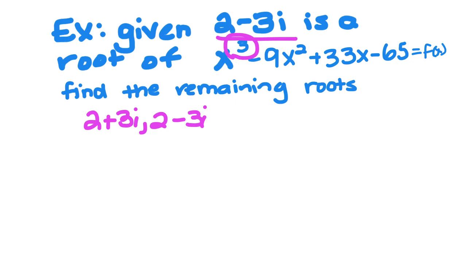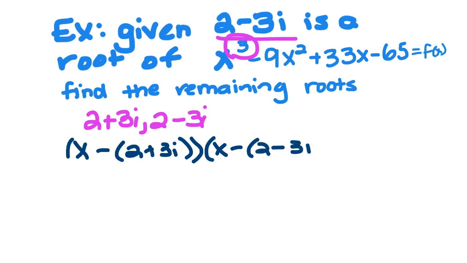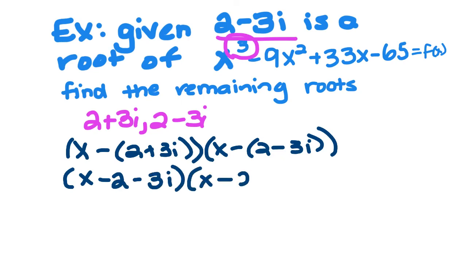So I'm going to do x minus each of these: x minus 2 plus 3i, and x minus 2 minus 3i. Distribute that negative, so x minus 2 minus 3i, x minus 2 plus 3i. And then I'm going to multiply this out.